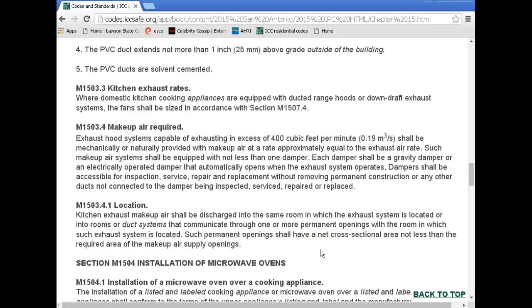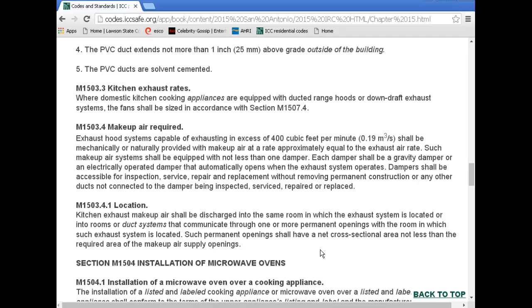Let's look at makeup air, 1503.4. Since we're sucking air out of the kitchen and blowing it outside, that air's got to come from somewhere or our house is going to get negative pressure. Exhaust hood systems capable of exhausting in excess of 400 cubic feet per minute shall be mechanically or naturally provided with makeup air at a rate approximately equal to the exhaust air rate.